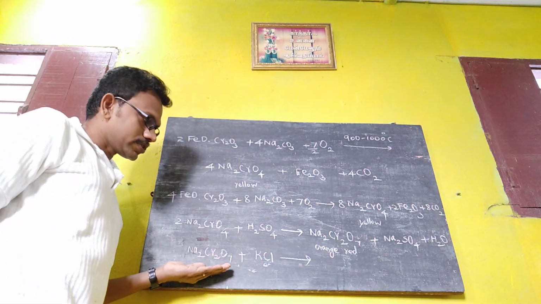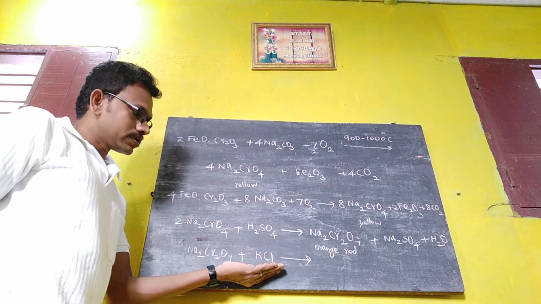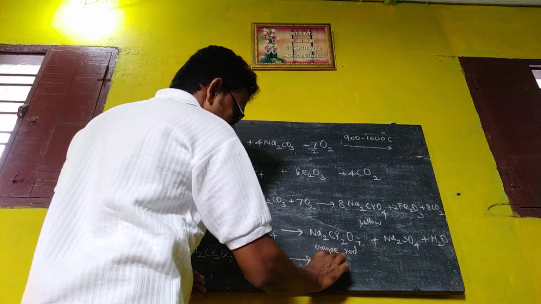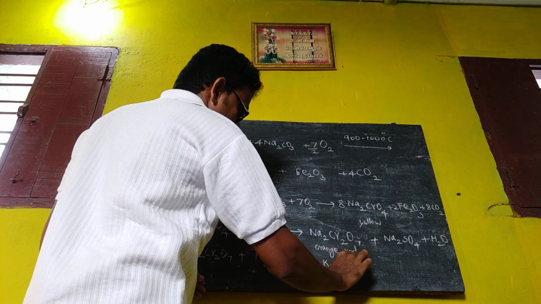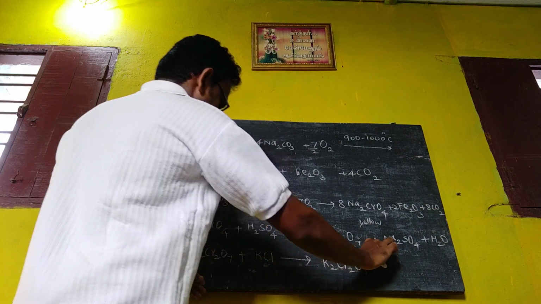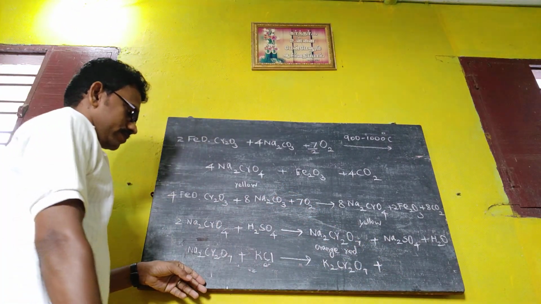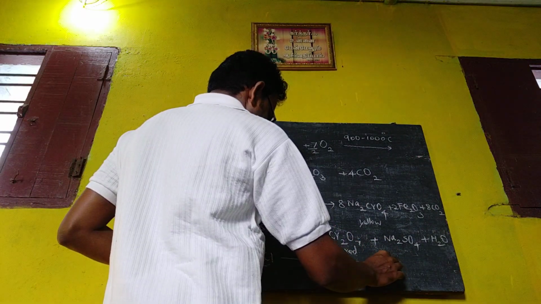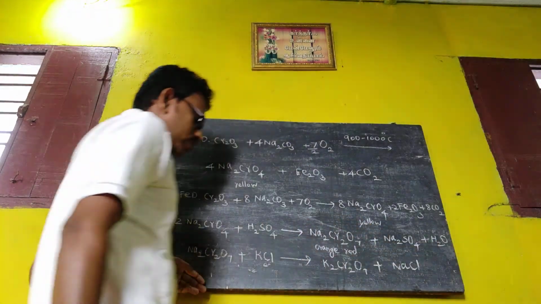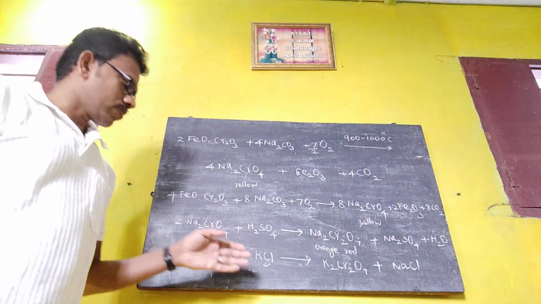So it's an oxidizing agent treated with the salt, potassium chloride. So we can get potassium dichromate, K2Cr2O7 plus NaCl.